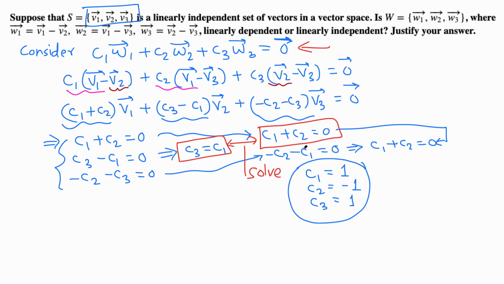What is happening here is that we have three unknowns, c1, c2 and c3, but these two equations are identical. That means I am left with only two restrictions but there are three variables, so one of the variables is free, and we have infinitely many solutions. One of them is 1, negative 1 and 1. That means this linear combination is 0 without c1, c2 and c3 all being 0. So we have a non-trivial solution.